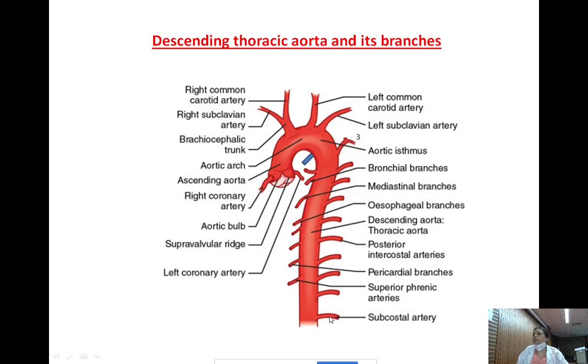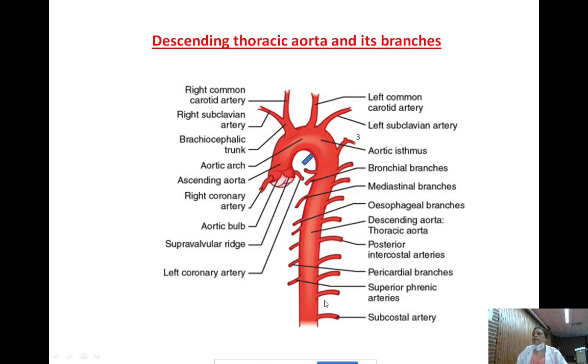The 12th posterior intercostal artery is also known as the subcostal artery because it is below the 12th rib. These posterior intercostal arteries are present in the intercostal space, but the subcostal artery is not present in the intercostal space, it is present below the 12th rib and comes to the abdomen. So that is the subcostal artery.